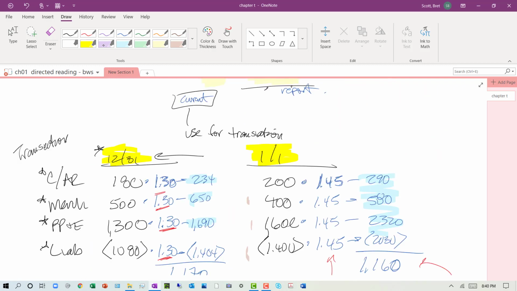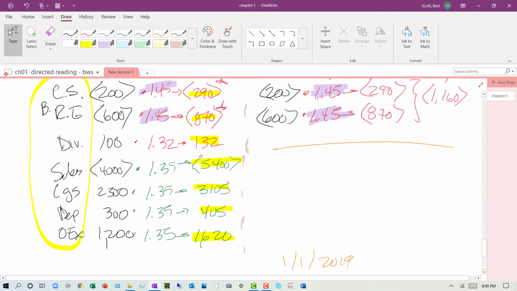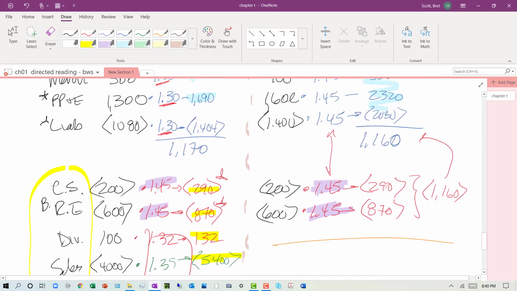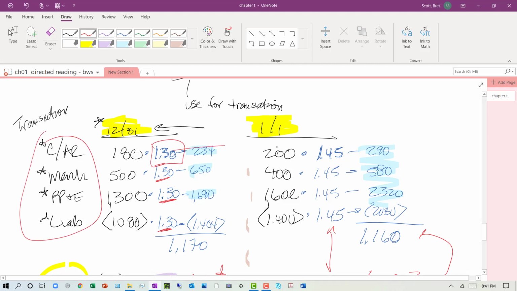It's not going to be the common stock or the beginning retained earnings. Those guys have stayed the same. We have some new stuff. We can focus on those. And also, we can look at how these accounts have changed and the overall effect of their change in the current rate, because they're using the exact same rate. So what's the shortcut to get through all this nonsense?